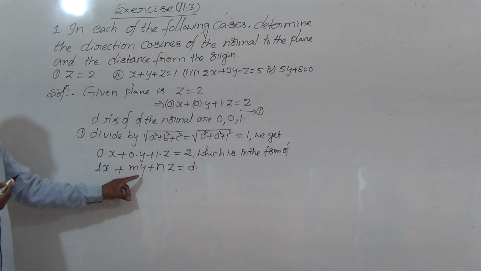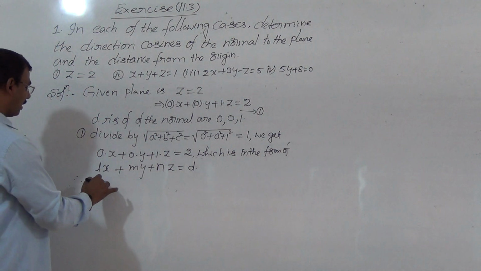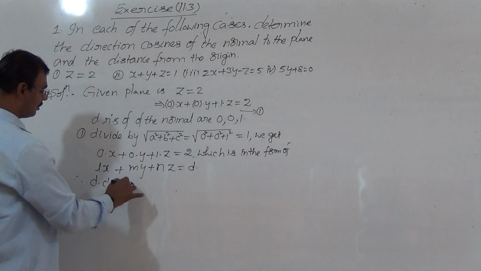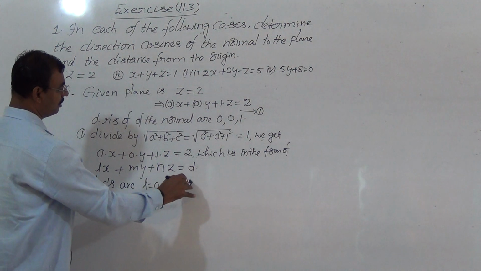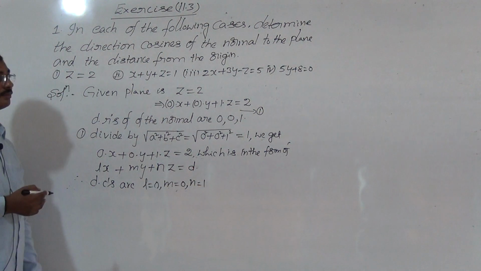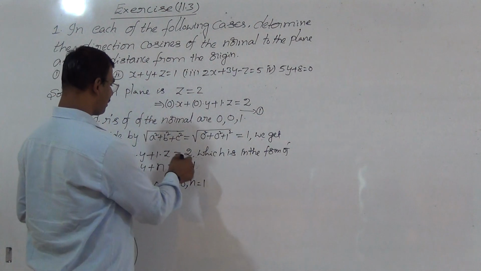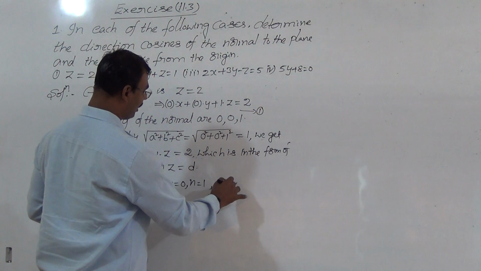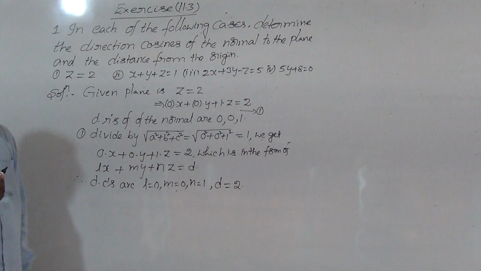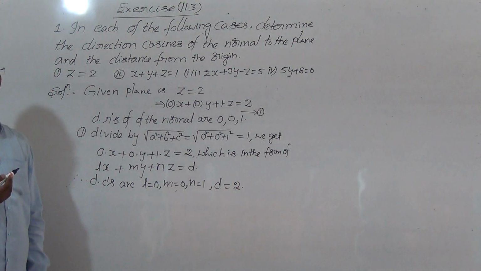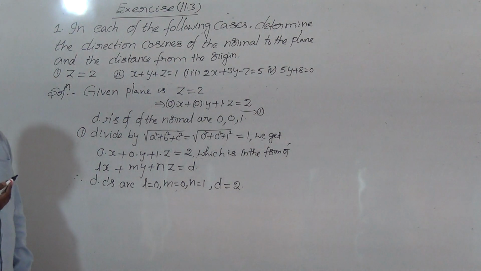What are the direction cosines? l is equal to 0, m is equal to 0, n is equal to 1. What is the next question? The perpendicular distance from the origin. That is d, which is 2. So d is 2, the perpendicular distance from the origin. A very simple method, very easy to solve like this.